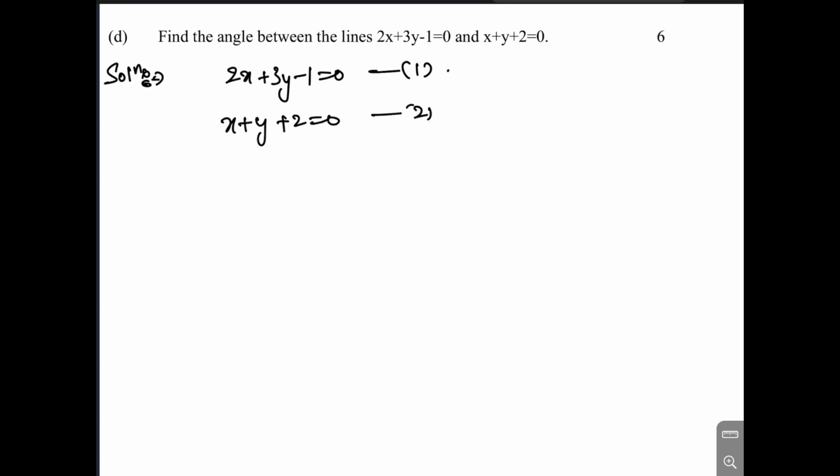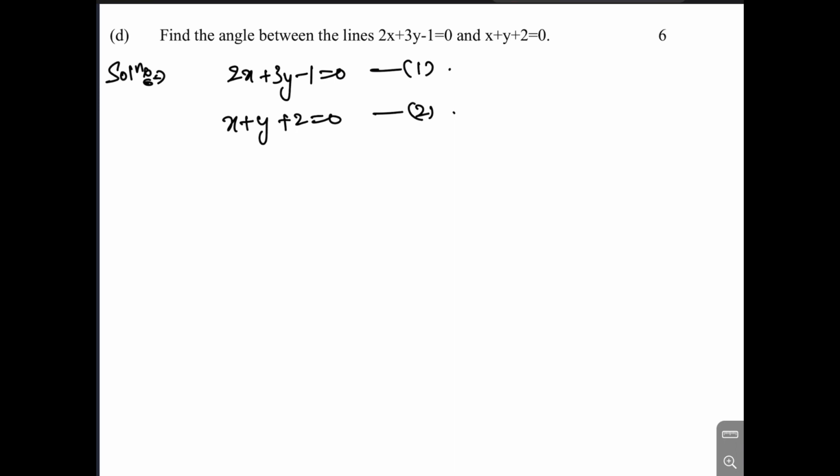Next problem: find the angle between the lines 2x plus 3y minus 1 equals 0 and x plus y plus 2 equals 0. We need to find the angle between these two lines. 2x plus 3y minus 1 equals 0 is our first equation, and x plus y plus 2 equals 0 is the second equation.